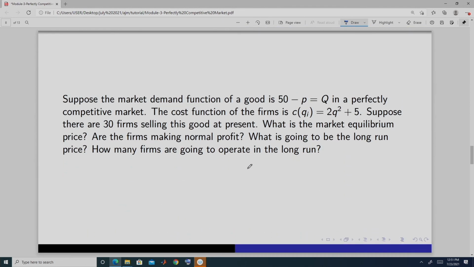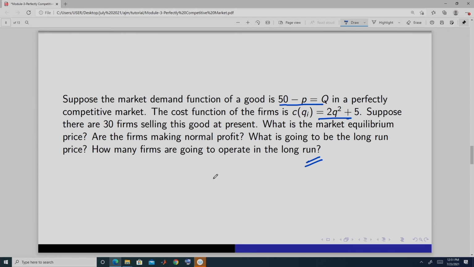Now, let us solve another problem. Suppose the market demand function is this and the cost function is of this nature. Now, we have a fixed cost component, and suppose there are 30 firms selling this good. What is the market equilibrium price? Are the firms making normal profit? What is going to be the long run price, and how many firms are going to operate in the long run?